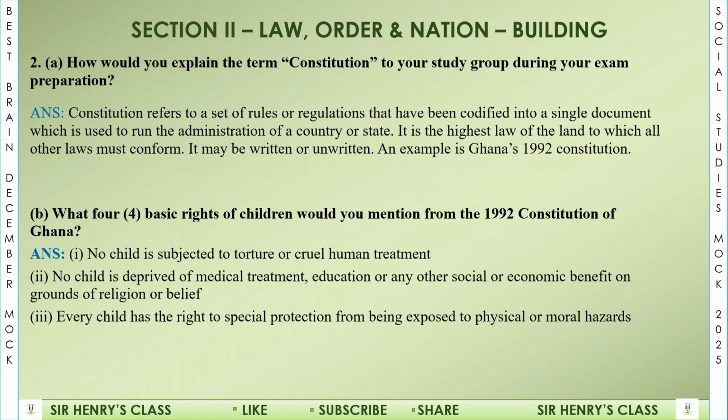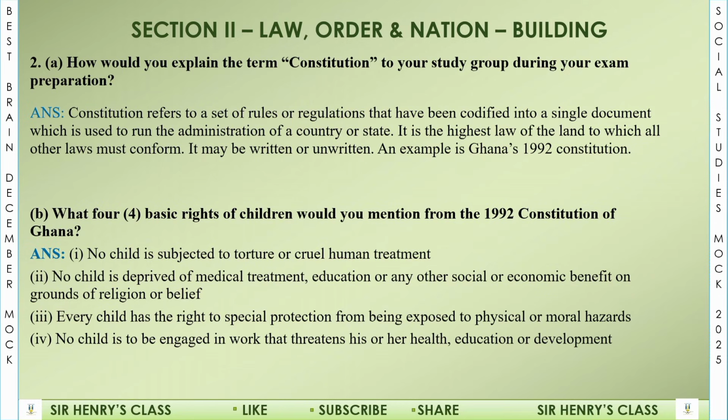Every child has the right to special protection from being exposed to physical or moral hazards. No child is to be engaged in work that threatens his or her health, education, or development. So these are some of the basic rights of children enshrined in the 1992 Constitution.